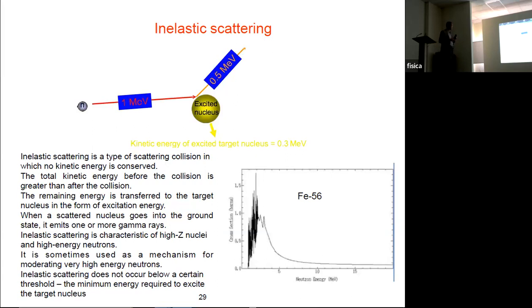For example, the same neutron with 5 MeV. We have a scattered neutron with energy 4.5 MeV, and we have the energy of the nucleus about 0.3 MeV. And the 4.1 MeV of energy went to the excitation of this nucleus.